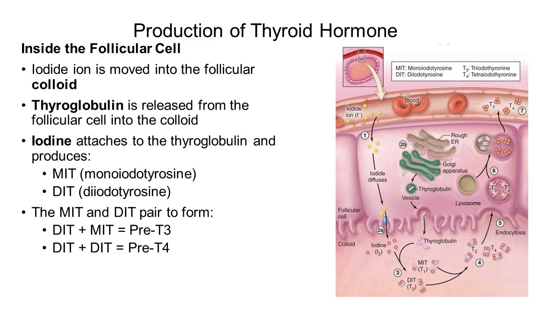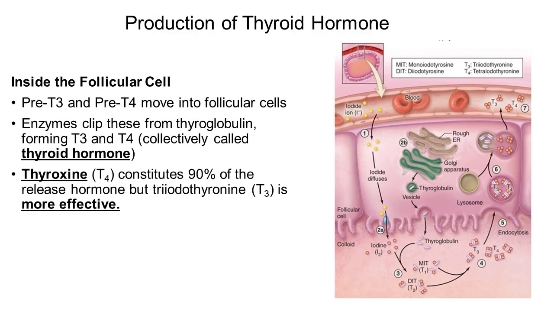We have the precursors that have to be enzymatically processed. T3 is triiodothyronine. Notice it's not tyrosine anymore. We call it thyronine. T4 is not quad. They call it thyroxine.